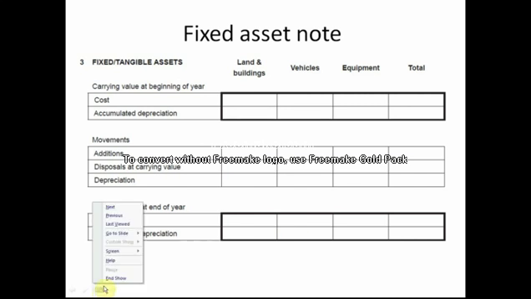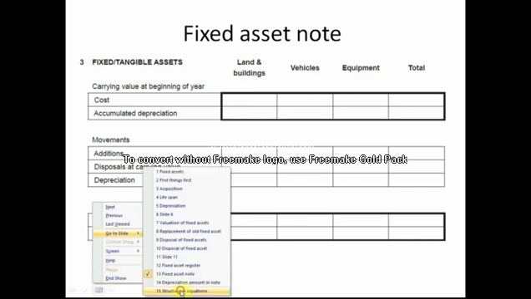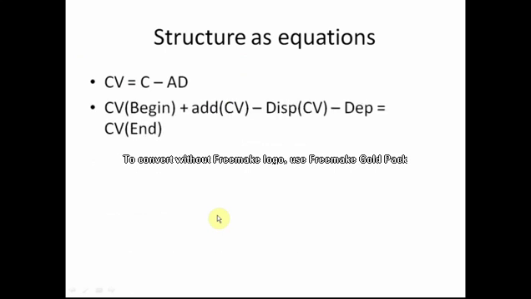So in equation form, it would be the cost at the beginning of the year plus additions at cost minus disposals at cost will give the costs at the end of the year.